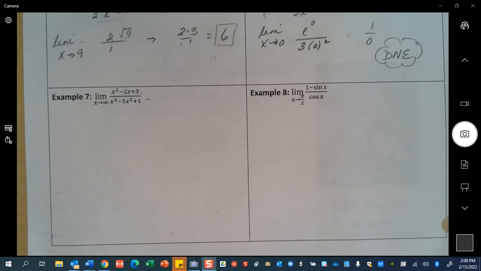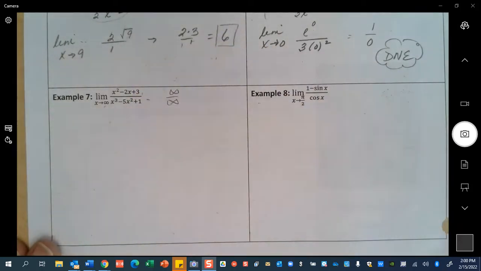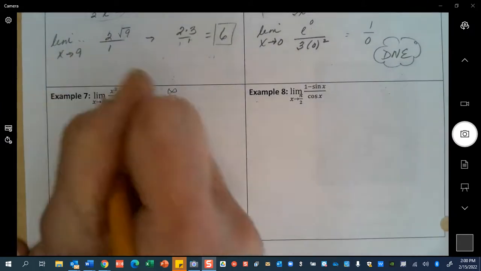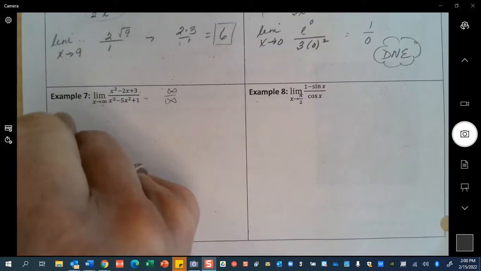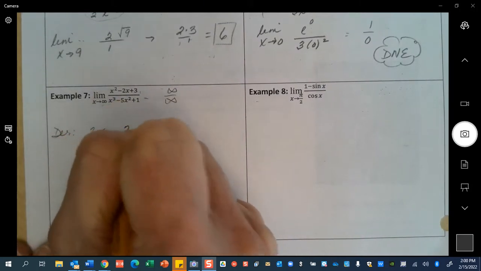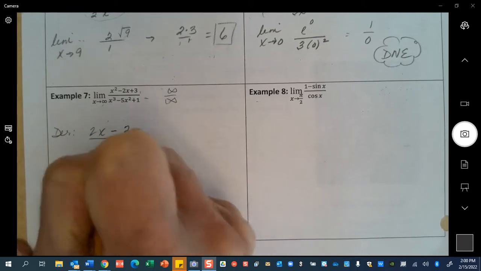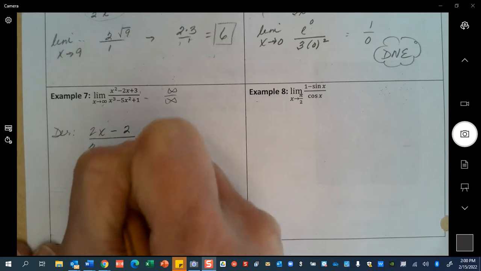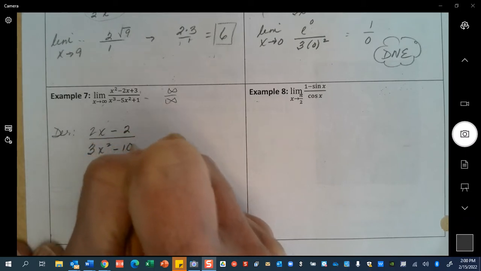But we can go back and start talking about it here. You can say, well, I get infinity over infinity, and that counts as an indeterminate form. So let's go ahead and take my derivative, because I have 2x minus 2 over 3x squared minus 10x.